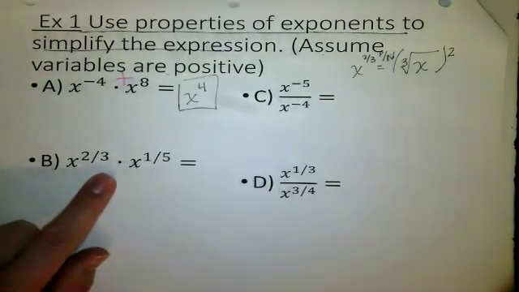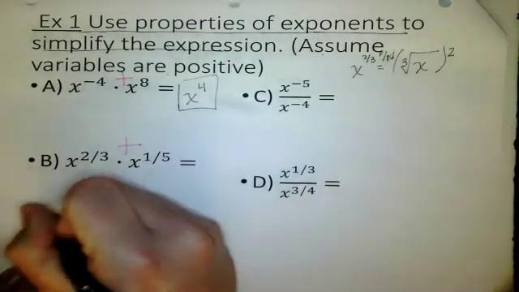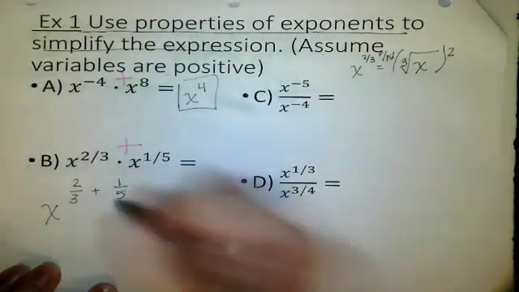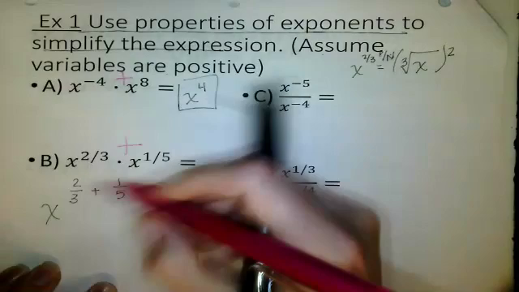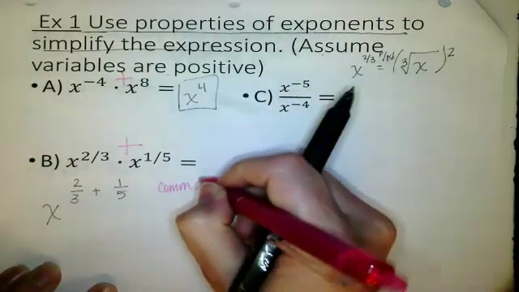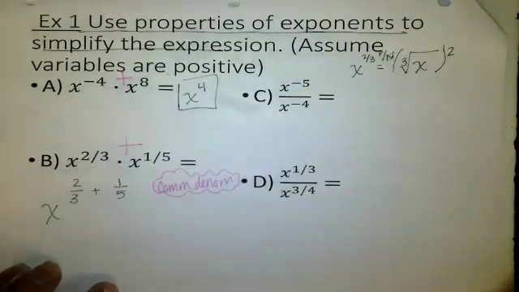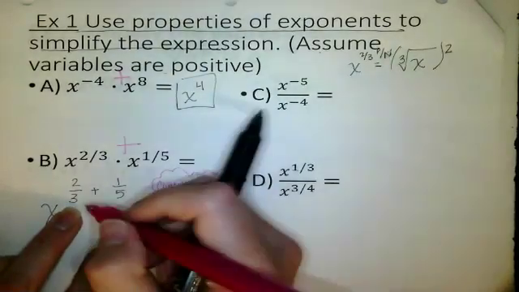What do we get to do to the exponents? Add them. Same rule. Add the exponents. Well, if I want to do 2/3 plus 1/5 to add the exponents, what do they need? Common denominator, ladies and gentlemen, which is why I gave you that big old fractions worksheet on the first day back. Remember that? What is the common denominator between 3 and 5? 15.